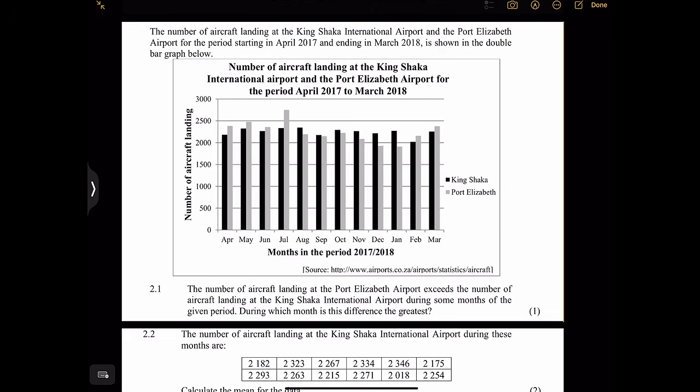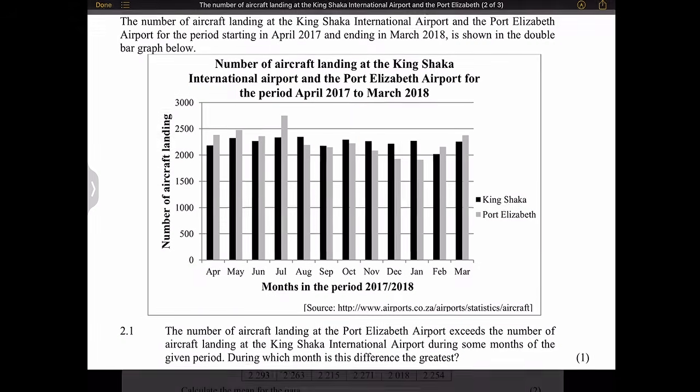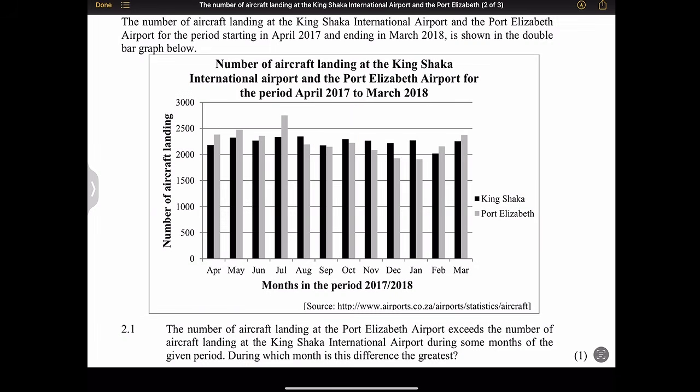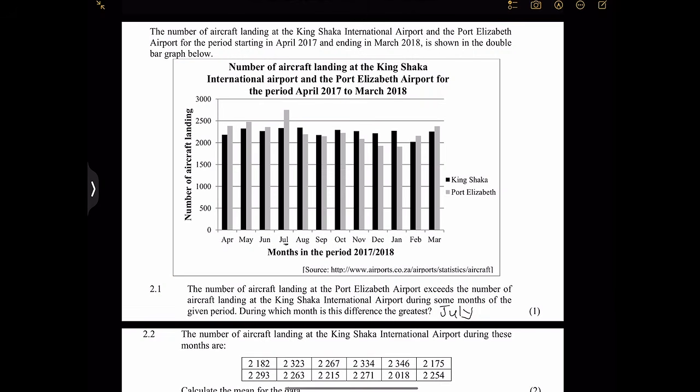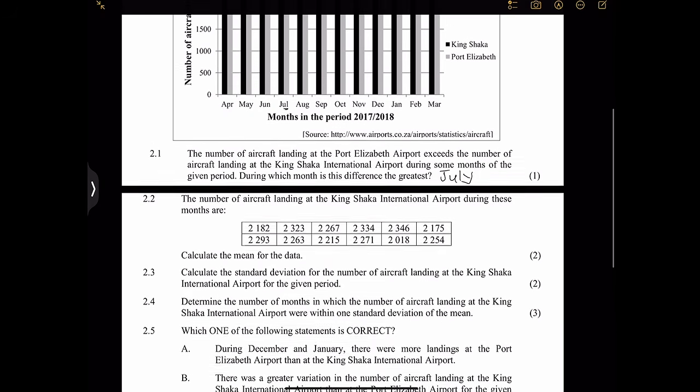Ladies and gents, I just want you to note, when it comes to the bar graph, all that is left for us to do is simply to interpret the graph. And I can see clearly that in the month of July, that's when you've got the greatest difference. So I'm just simply going to answer that and say July. That's when you've got the biggest difference between the landings.